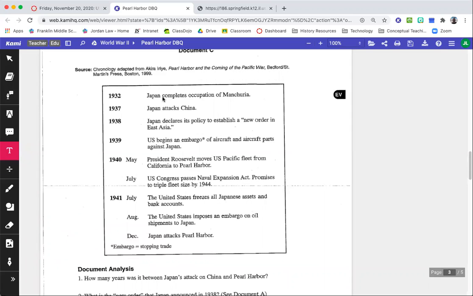Just to go through what was going on here. In 1932, Japan completes its occupation of Manchuria, which will be renamed Manchukuo once it is under Japanese control. In 1937, Japan attacks the rest of China. China is in the middle of the Civil War at this time, so they're very vulnerable, and Japan decides to take advantage of that. Japan declares a policy to establish a new order in East Asia.